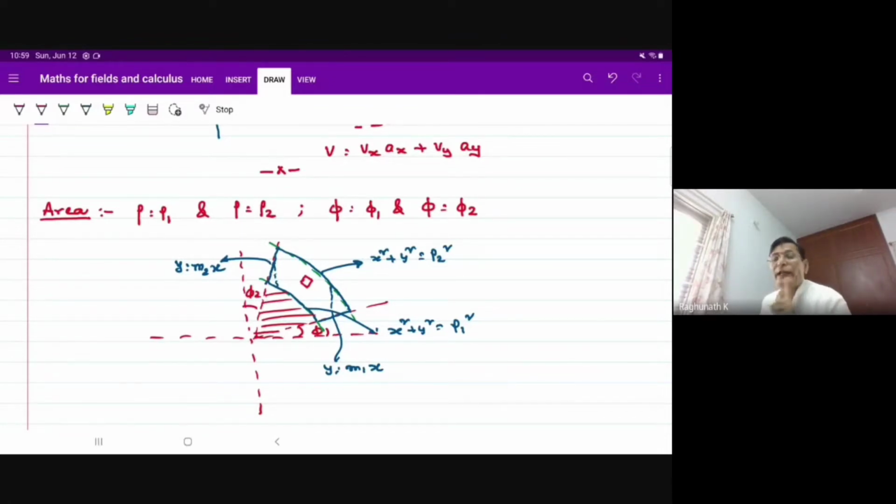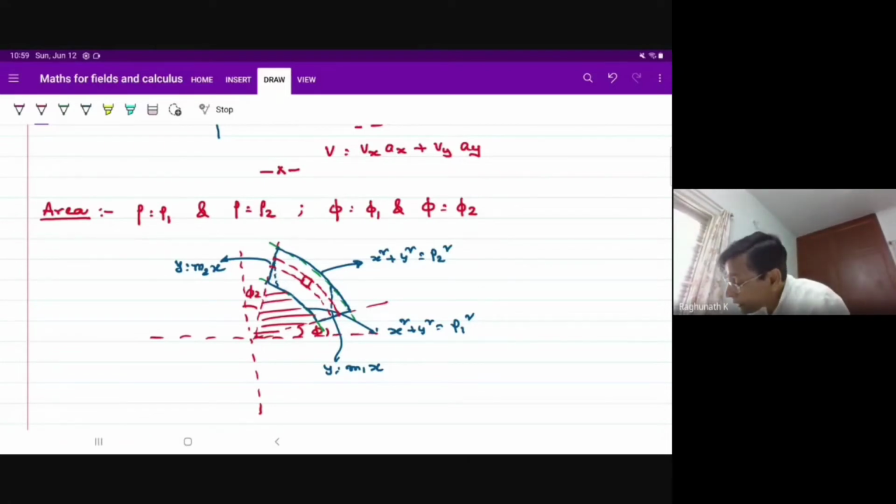One order of integration is what? At any rho, phi, I took this. Take all such areas on the strip of radius rho going in angle from phi 1 to phi 2. So I integrated first with respect to phi.